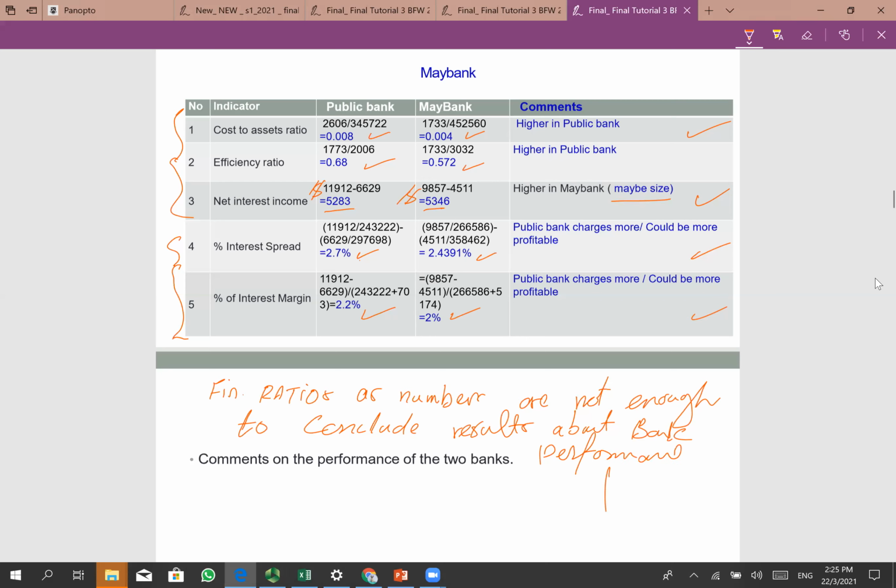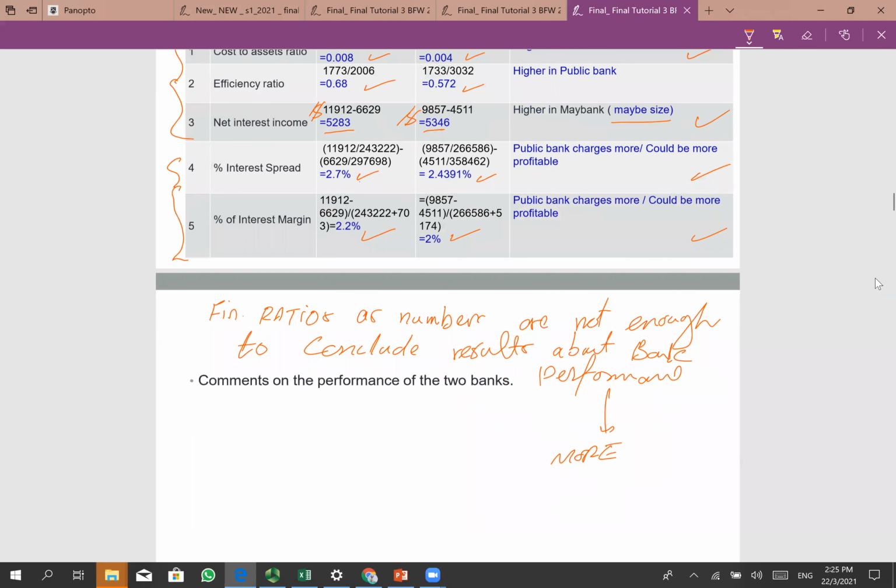You need always more information. This is what we call the linkages, more information to make smart interpretation and responsible interpretation.